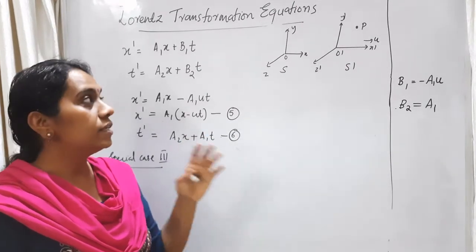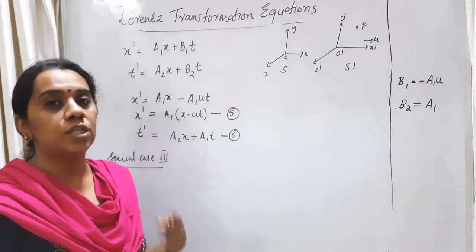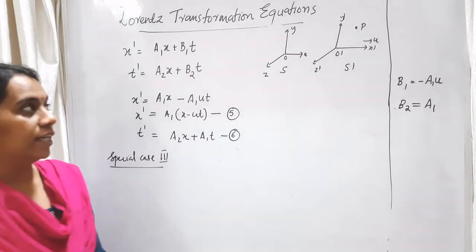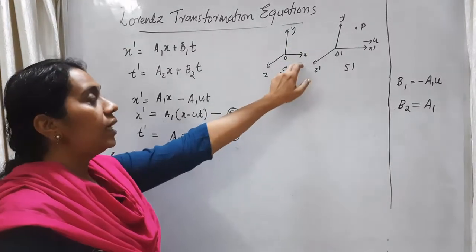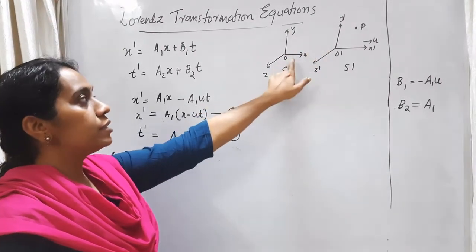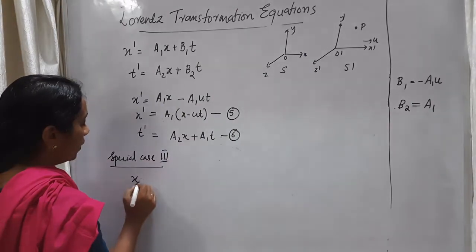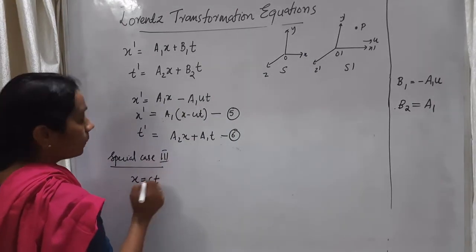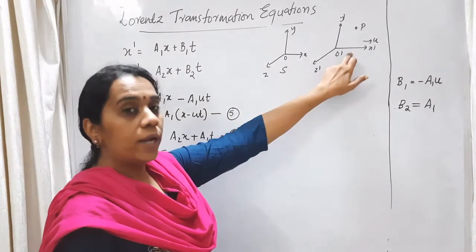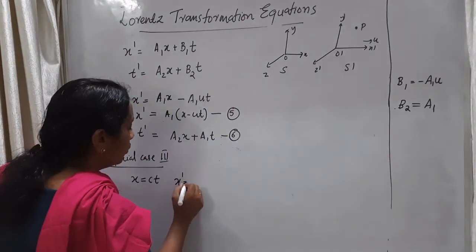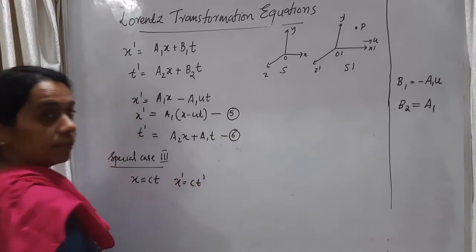You know that in whichever frame you measure, the velocity of light will always be a constant equal to c, as given by the special theory of relativity. So at time t, the position of the light beam as measured by observer O in the S frame will be x is equal to ct, and as measured by O dash, the observer in the S dash frame, will be x dash is equal to ct dash, right?